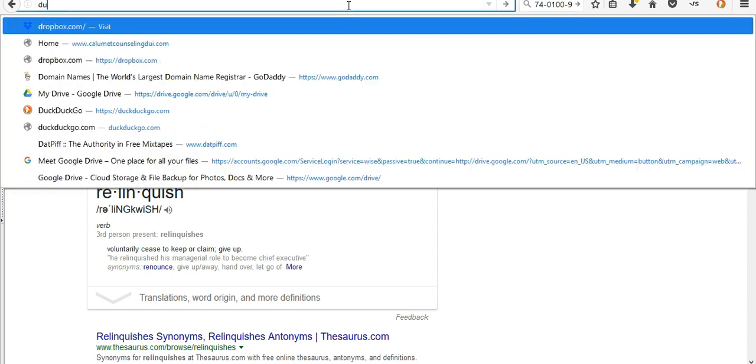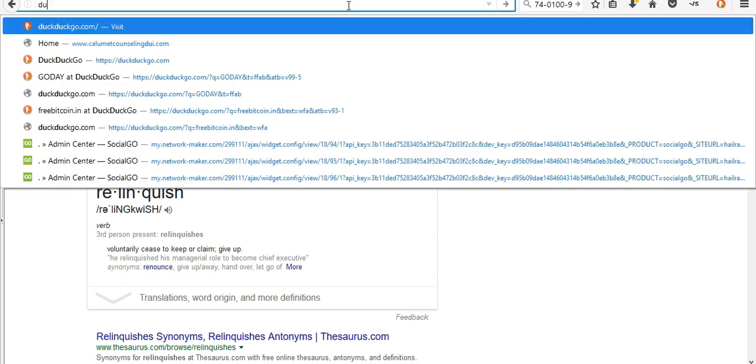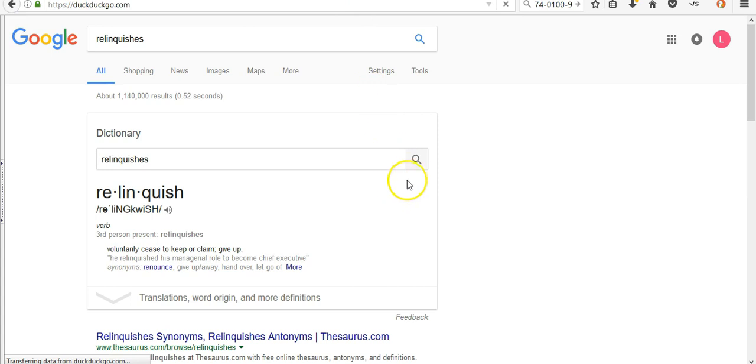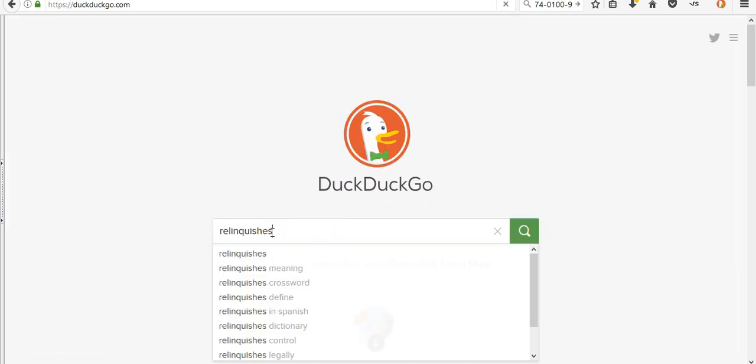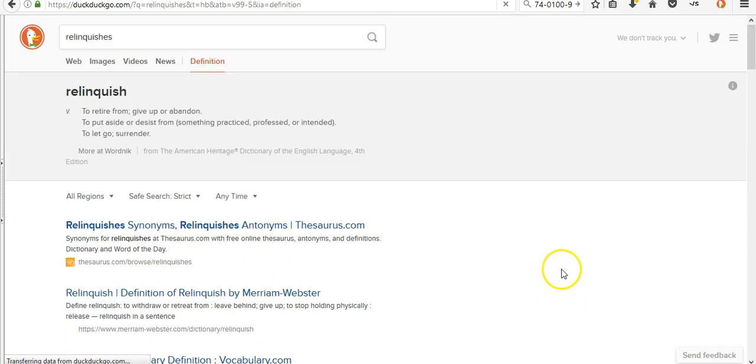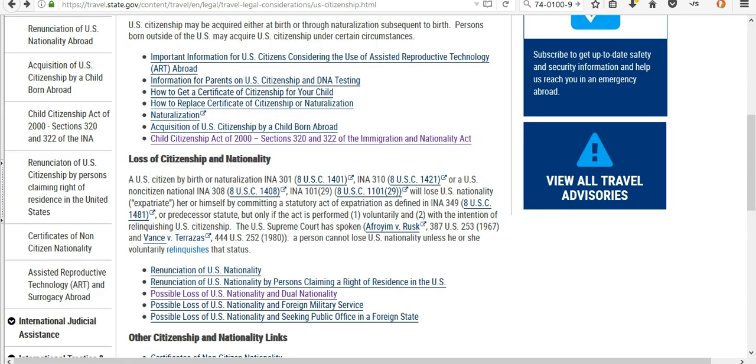All right, so relinquish: to retire from, to give up or abandon, to put aside or cease from, to let go or surrender. And that's exactly what we want to do.